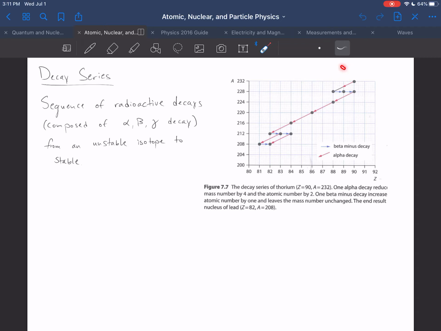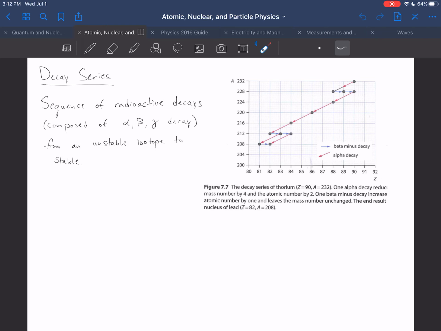It is important to recognize that this chart right here is an example of a small section of a Segre plot where the nucleon number, or mass number, is being plotted rather than the neutron number. That is why these beta minus decays are actually horizontal on this particular chart, because the nucleon number is staying the same in a beta minus decay rather than decreasing.